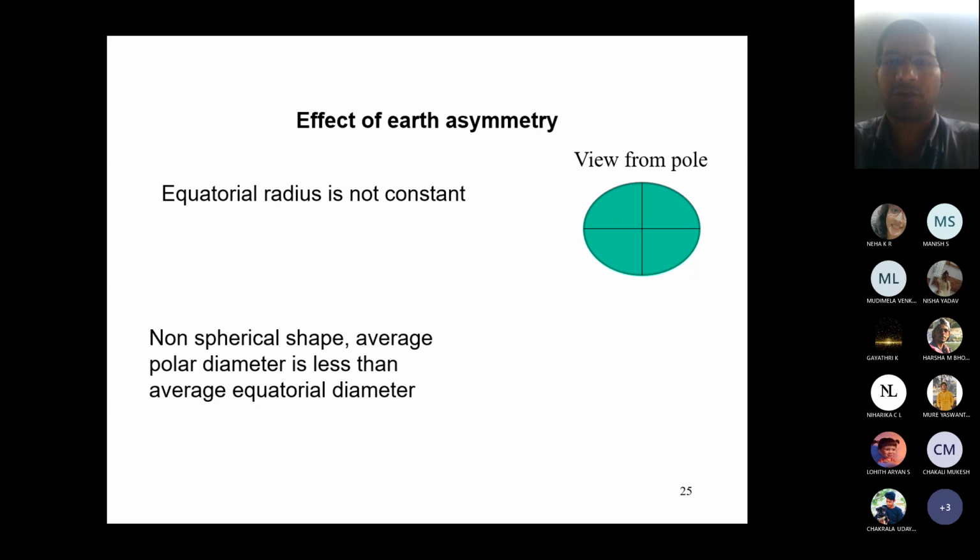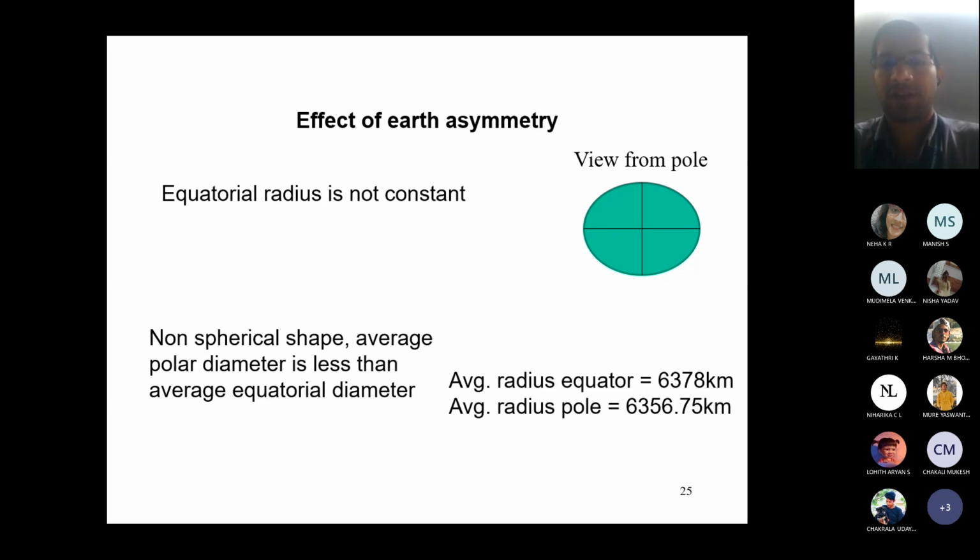If you make a Google search, you can find the average radius of the Earth at the equator is about 6,378 kilometers, whereas towards the pole, it is around 6,356.75 kilometers.